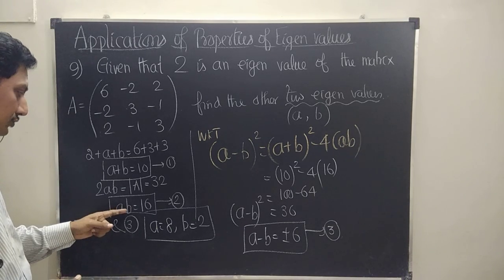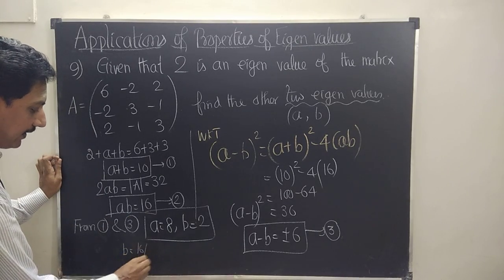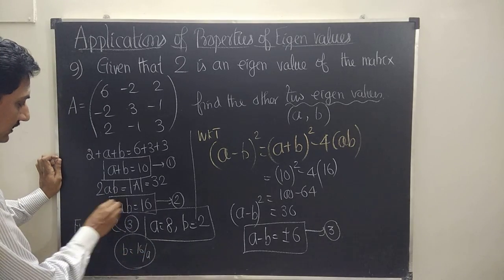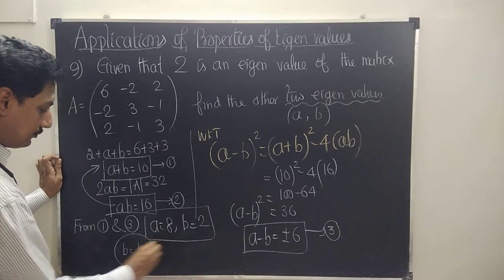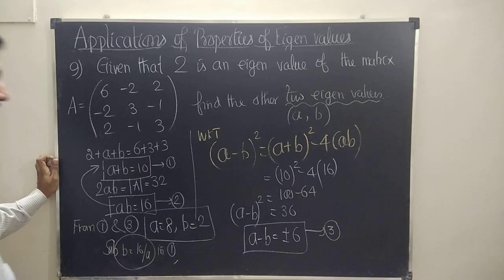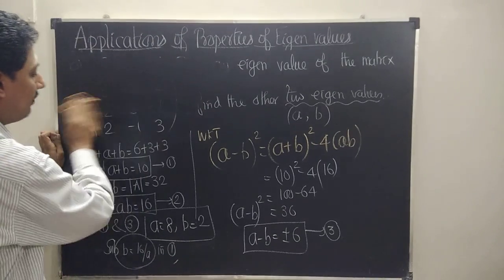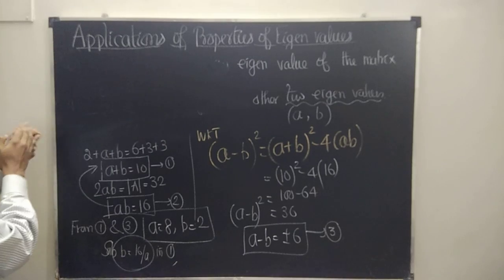Otherwise, you may substitute B is equal to 16 by A from equation number 2 in equation number 1. What will we get?